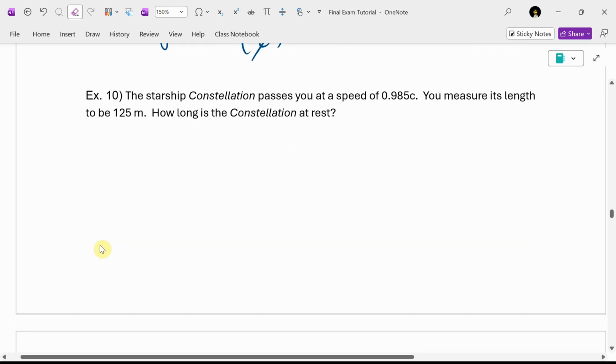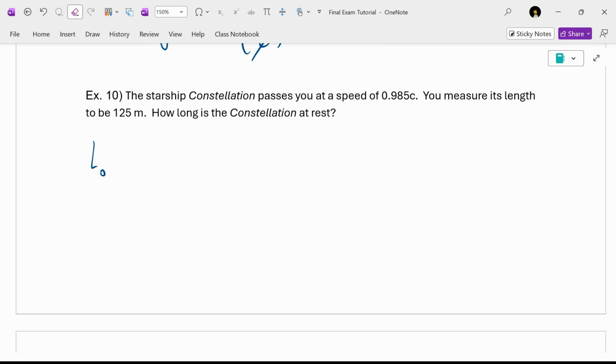Example 10, what's it asking me to find? Is that going to be L or L0? How do you know? Yes. So let's look at the equation. Get the L0 by itself. I think I divide by the square root. Yes?